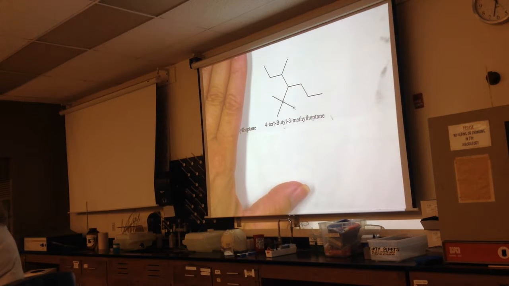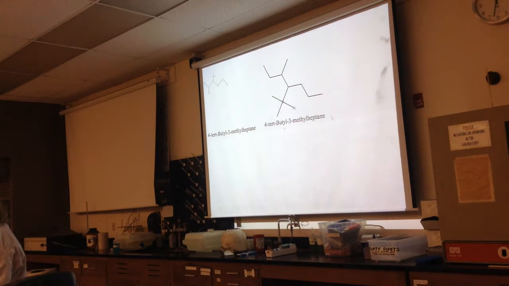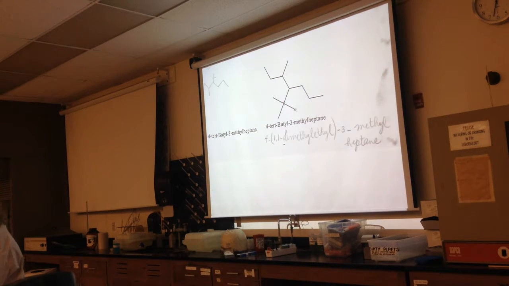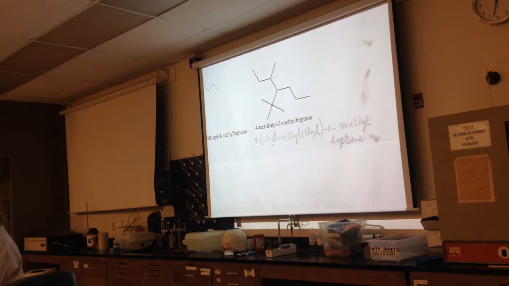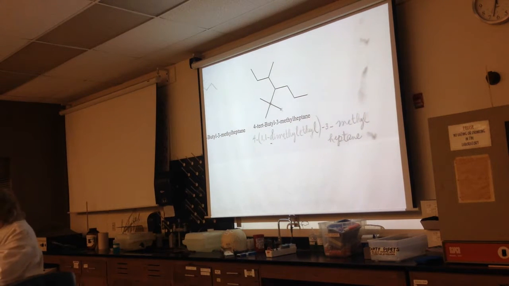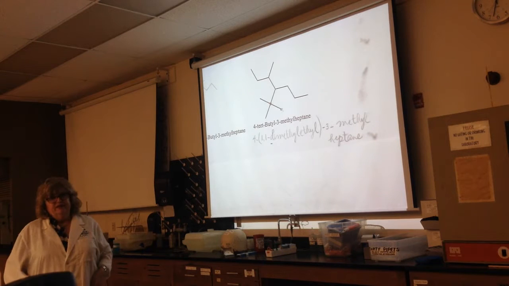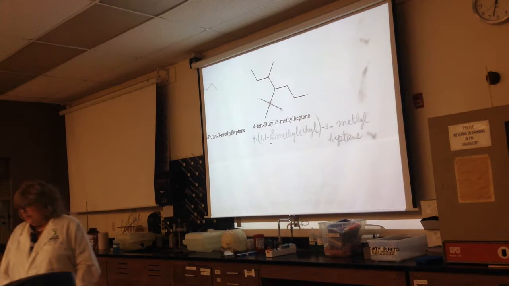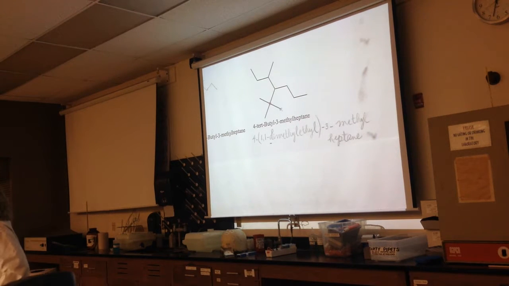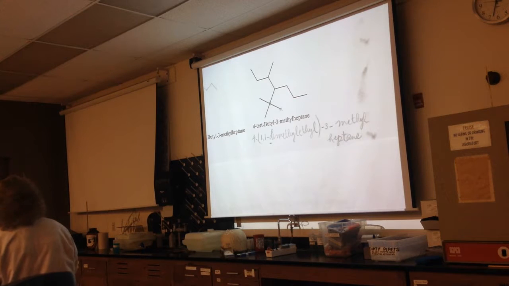You're just going to make sure that you get your right drawing. Call it a day. So the new nomenclature is going to be then the 4-(1,1-dimethyl ethyl), the 3-methyl, heptane. Everybody okay? Yes.